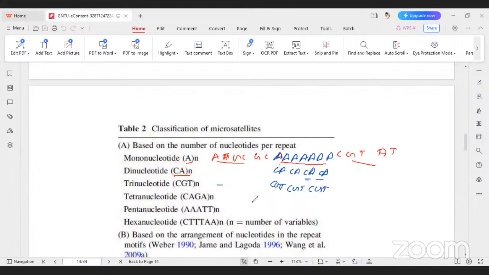Tetra, CAGA, again repeated CAGA, again repeated CAGA. Penta, AAATT, AAATT. So like that. The number of repeats is based on the arrangement of nucleotides in the repeat motif.